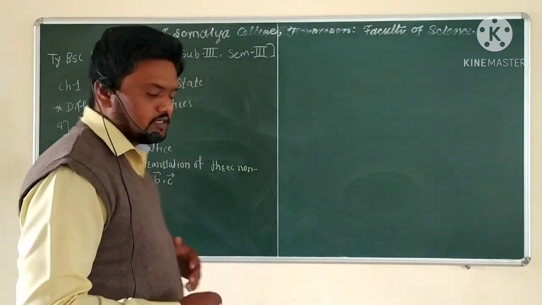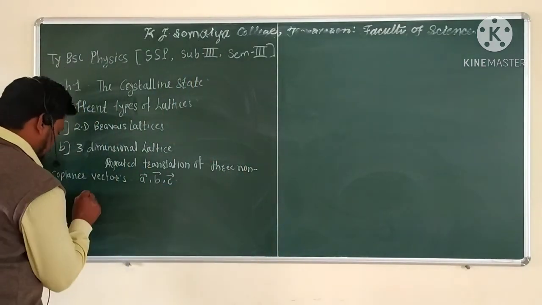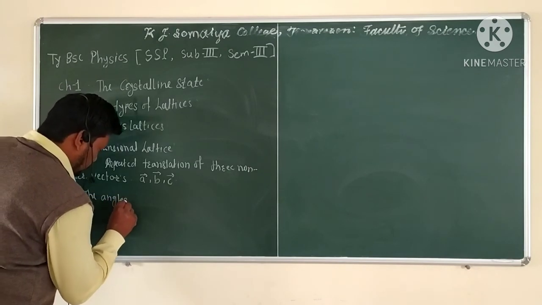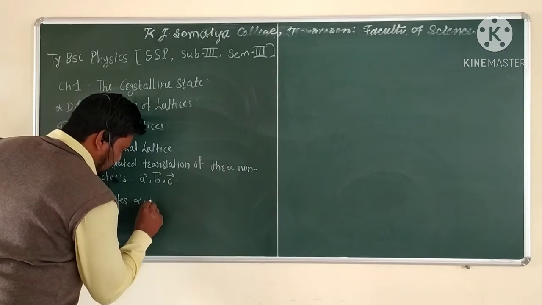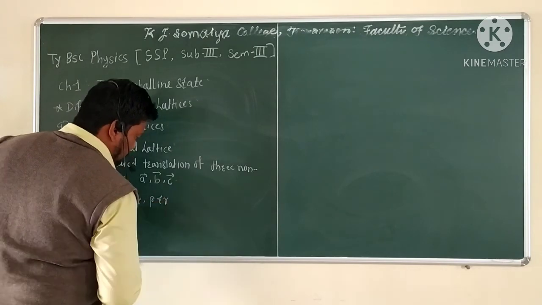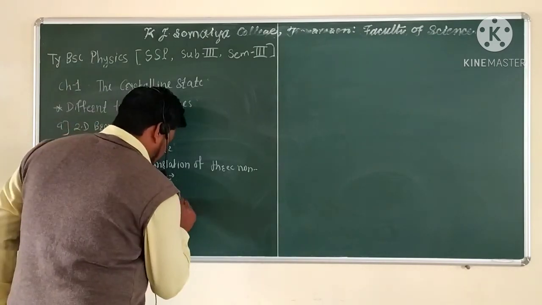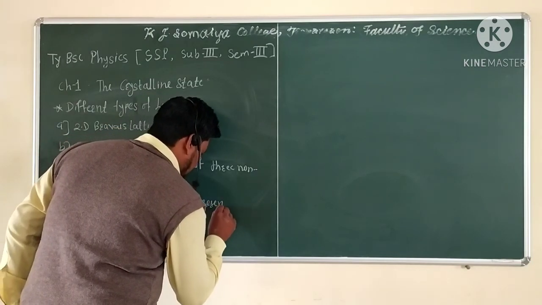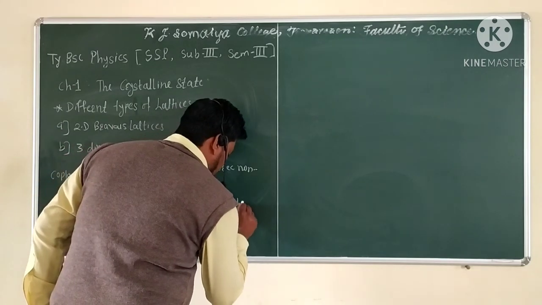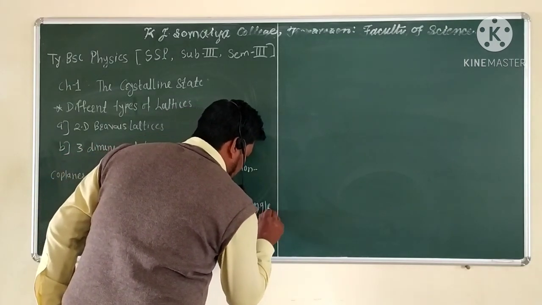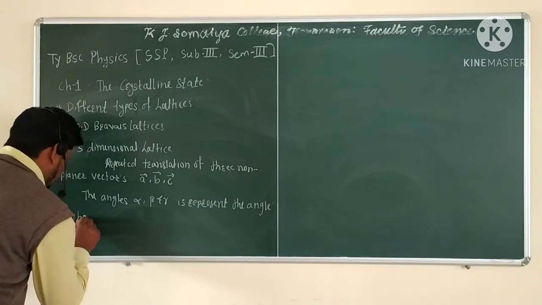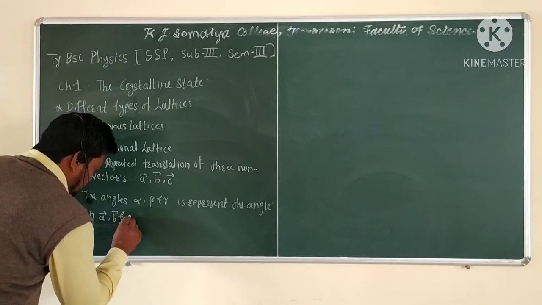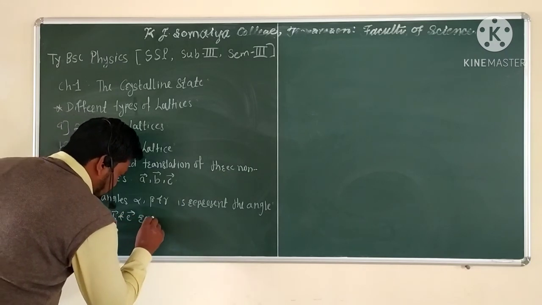So the angles alpha, beta and gamma represent the angles between A bar, B bar and C bar respectively.